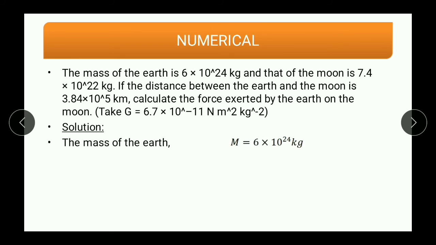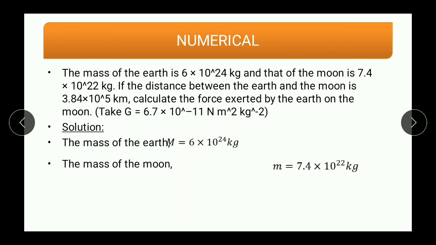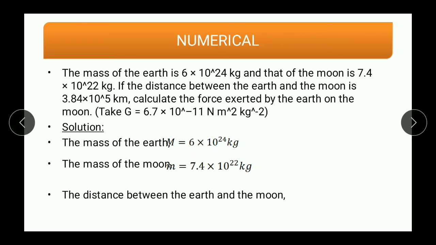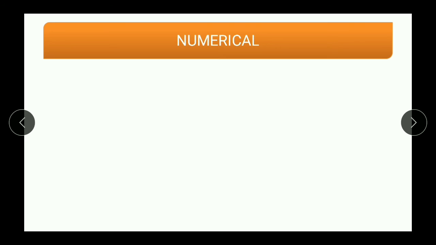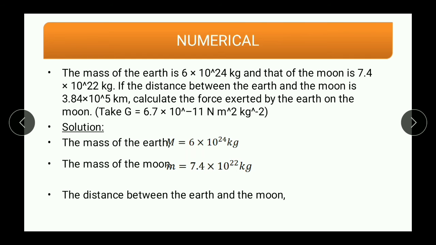So mass of the earth is 6 into 10 raised to 24 kg. Then mass of the moon is 7.4 into 10 raised to 22 kg. Then the distance between earth and moon is already given, which is 3.84 into 10 raised to 5 kilometers.